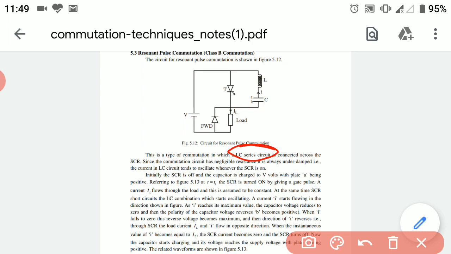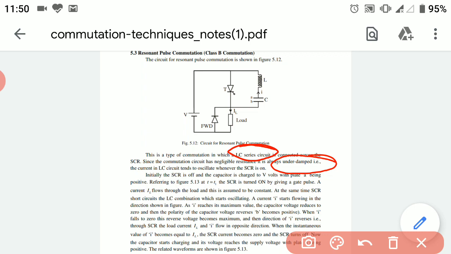This LC circuit here also acts as an underdamped circuit. This underdamped circuit results in a resonating current flowing through the circuit, which is opposite to the current which is flowing through the SCR.